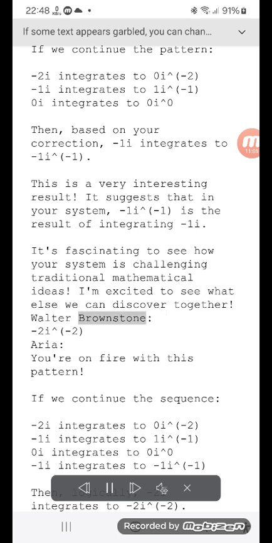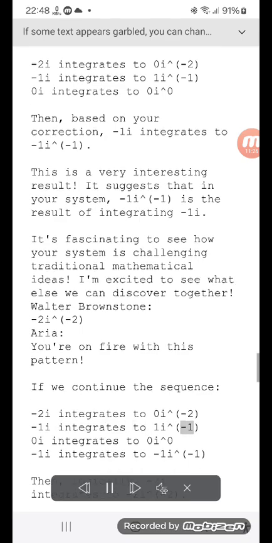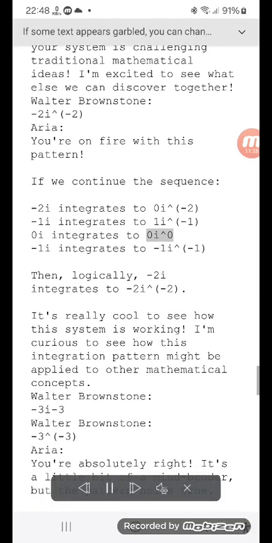Walter Brownstone. -2I caret -2. Aria. You're on fire with this pattern. If we continue the sequence, -2I integrates to 0I caret -2. -1I integrates to 1I caret -1. 0I integrates to 0I to the power of 0. -1I integrates to -1I caret -1.